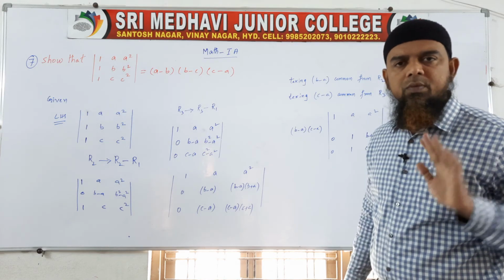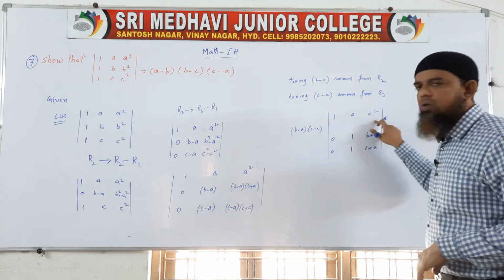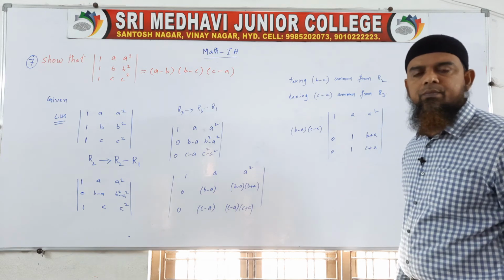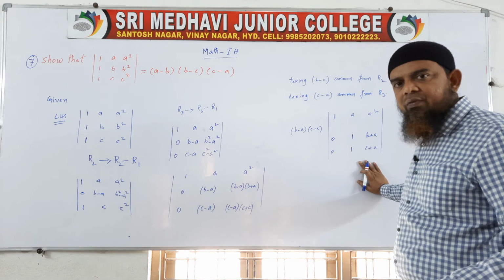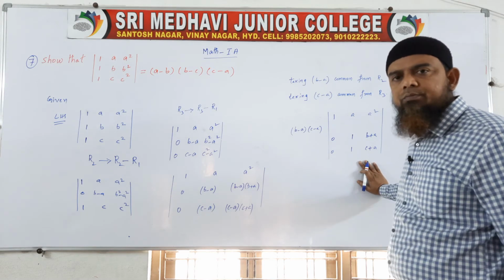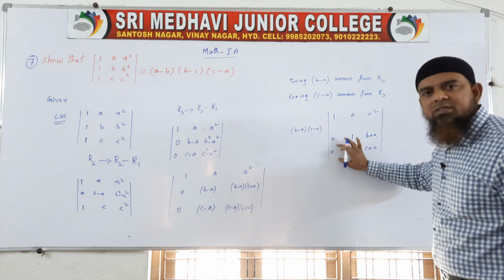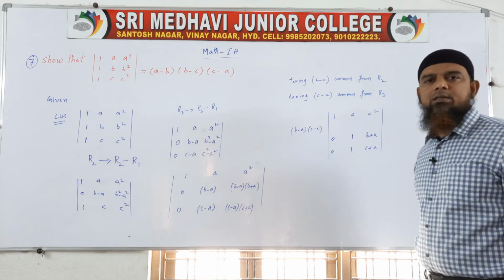I said usually we take the first row. But here, for the sake of making the problem easy, we are making these two numbers 0. That is the main reason.